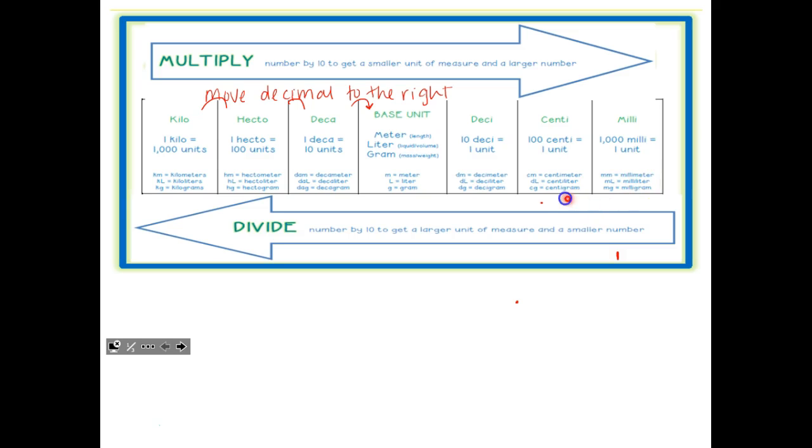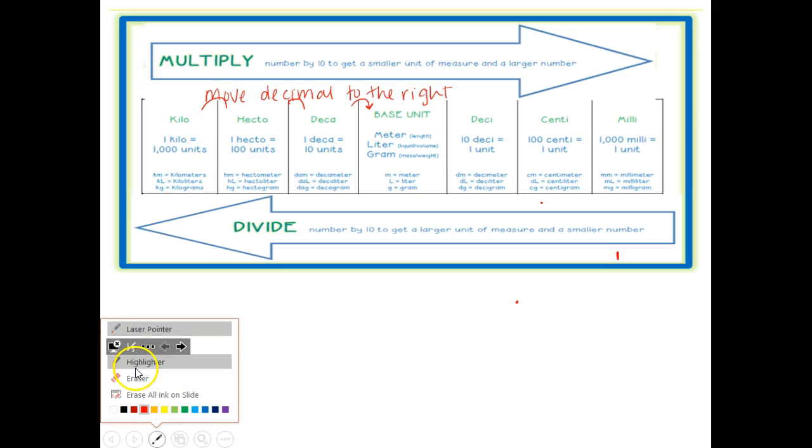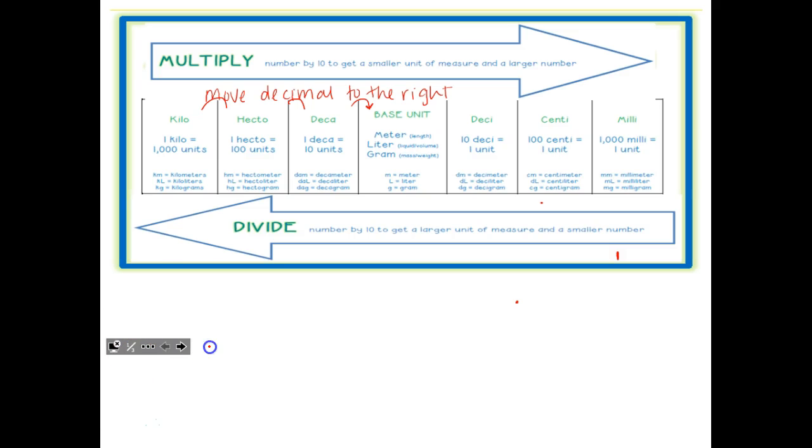If you were going from milli to deci, you would divide by 10 and then 10 again, so basically divide by 100. Again, if you're looking at this in terms of moving the decimal place, then you move the decimal place to the left however many times you're going to jump. So when you're going from right to left, move the decimal to the left.